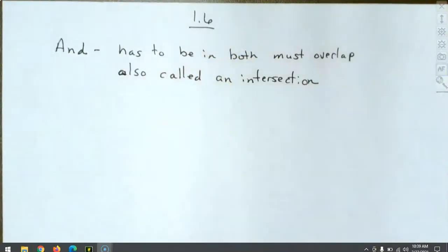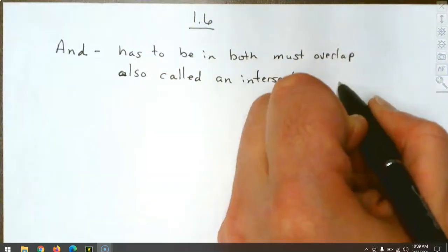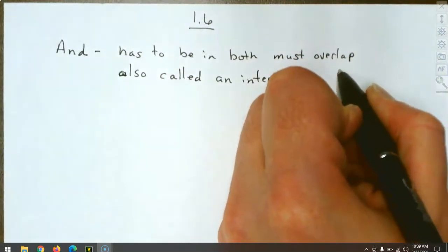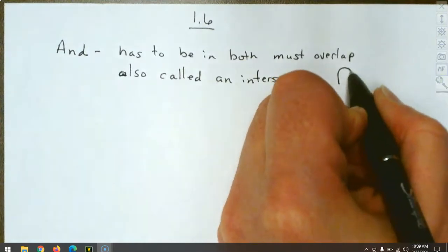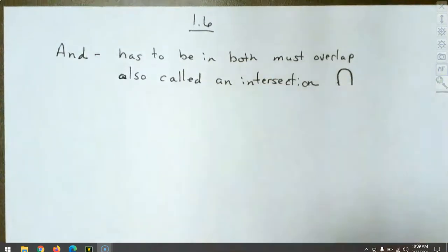So an and is going to be called an intersection. And sometimes we represent the and with an upside down U. So and means it has to both happen. And it's also called an intersection because it's where they overlap. And we'll look at some pictures here in a moment.